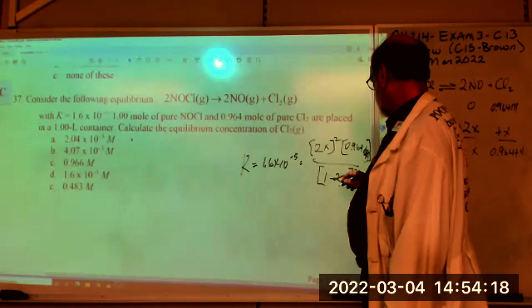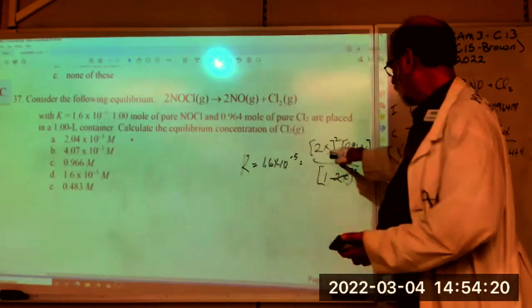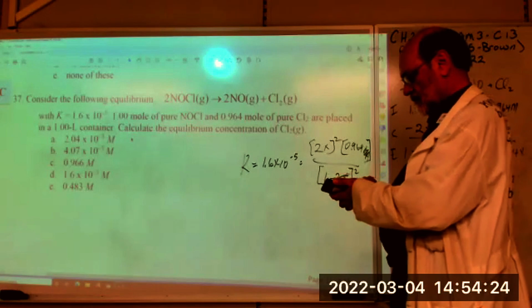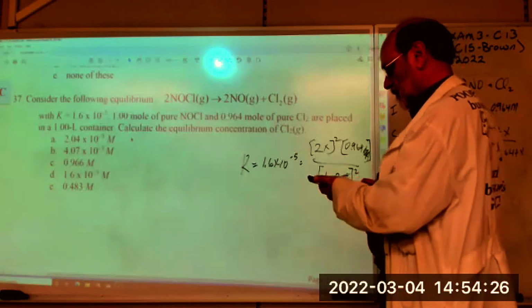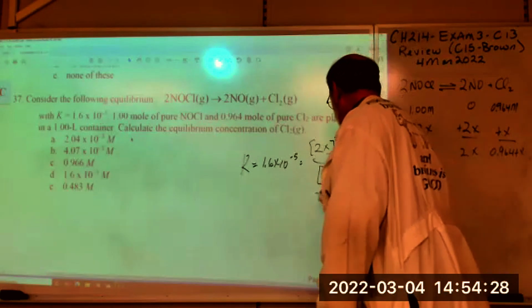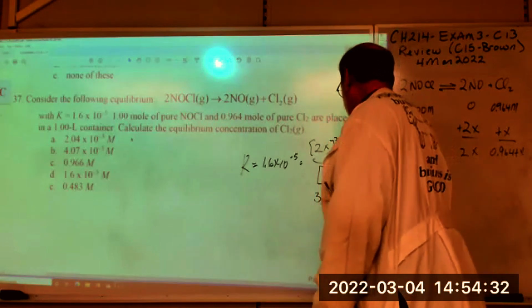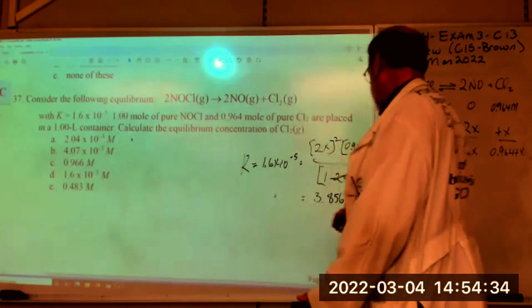So we should be able to say 4 times 0.964, 2 squared times this value, 3.856 x squared equals that value.